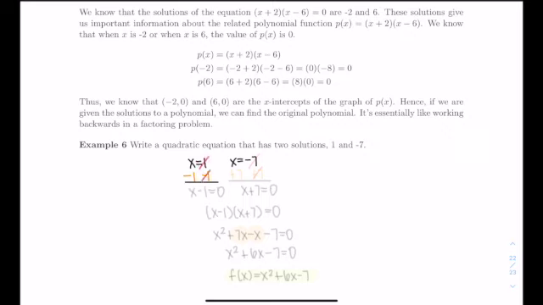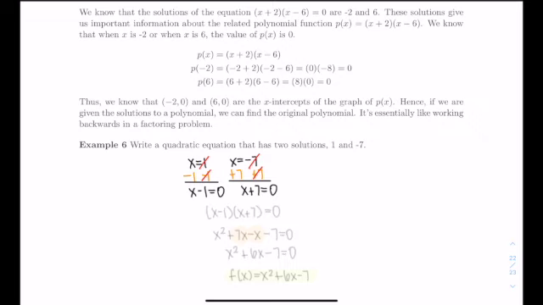And we get x minus 1 equals 0. And I'm also going to add 7 to both sides. So we end up with x plus 7 equals 0.